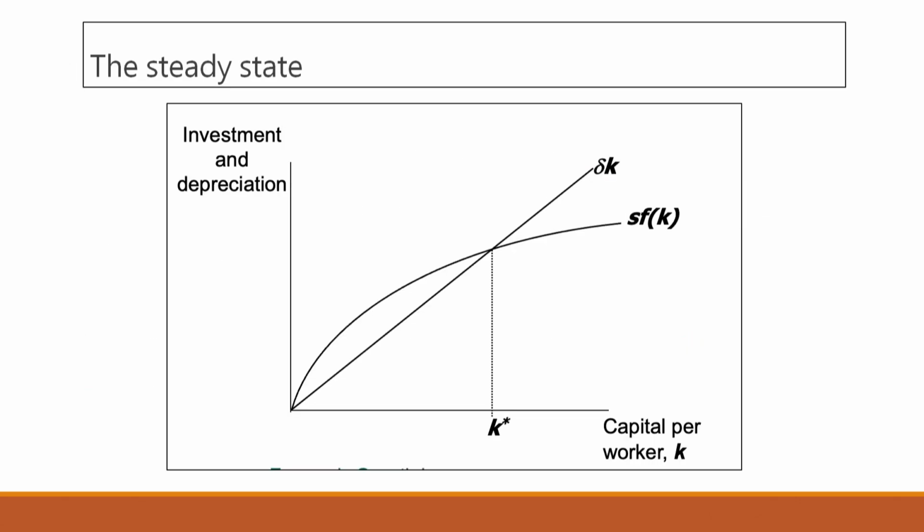Okay. How does this appear graphically? This is important because in most of the analysis that we will be doing, this graph is going to help us a lot. So, what do we see in this particular graph? Again, on the x axis we are measuring per worker capital or small k.